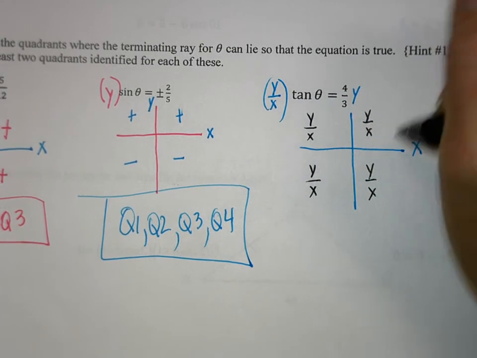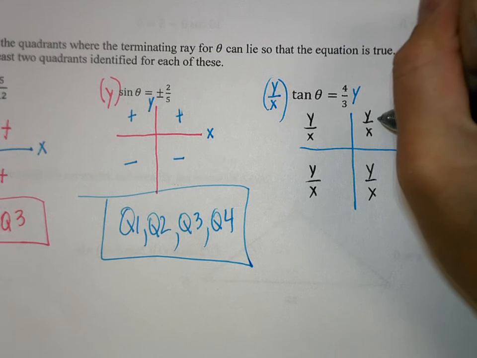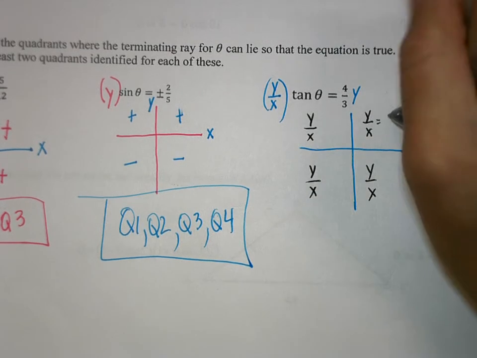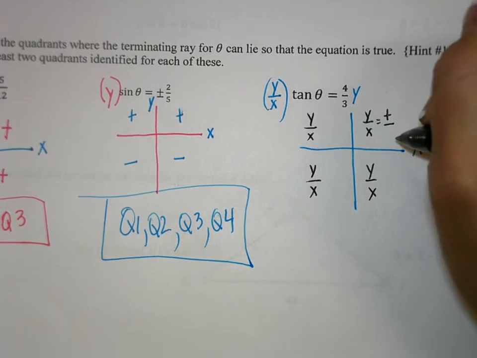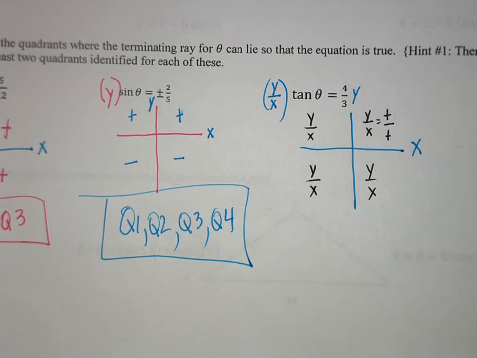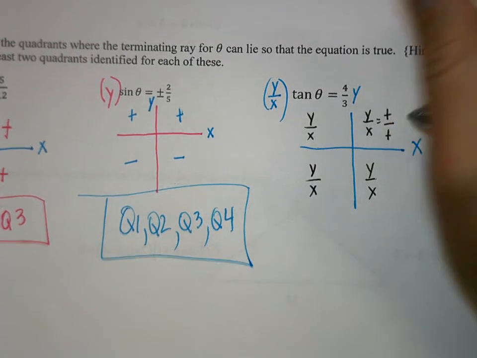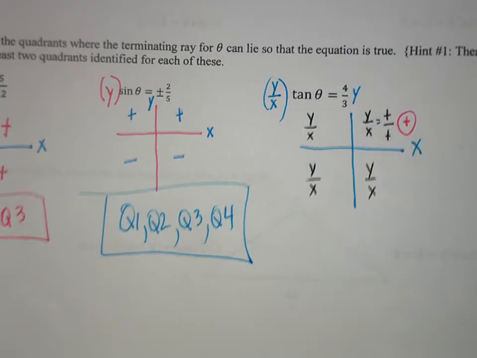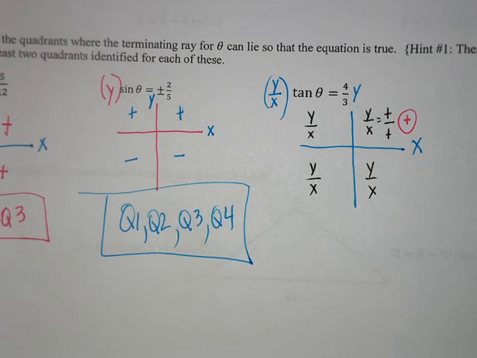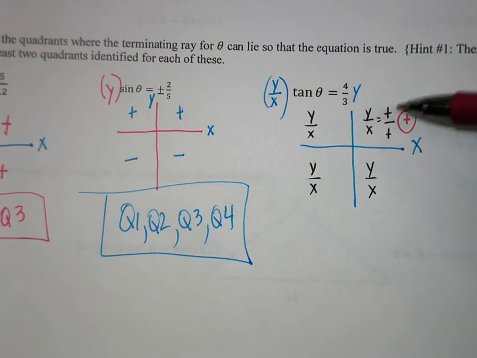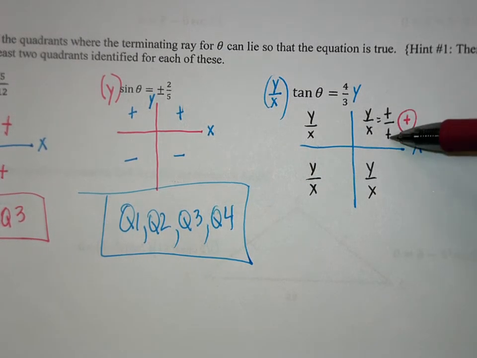In quadrant 1, y is what? Positive, and x is positive, which means that tangent is positive. Okay, so my y value is positive, my x value is positive, therefore tangent's positive.